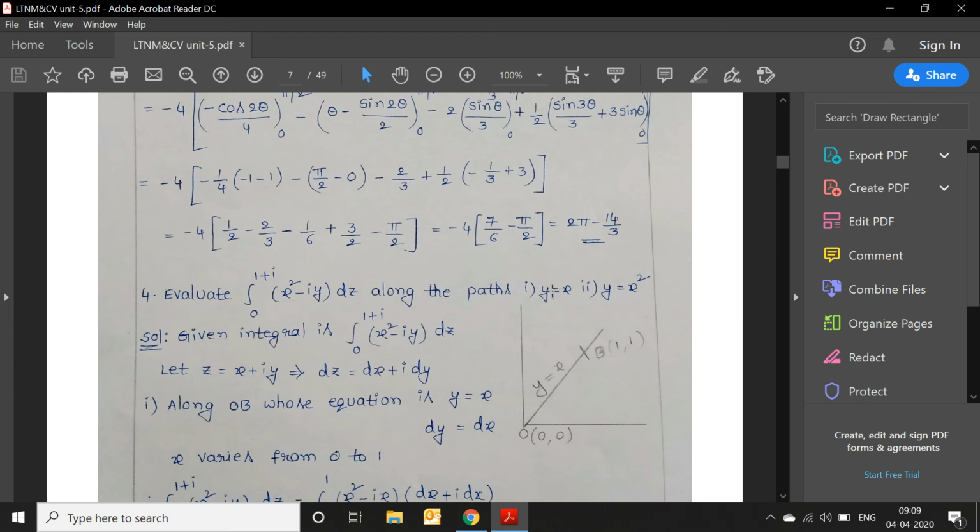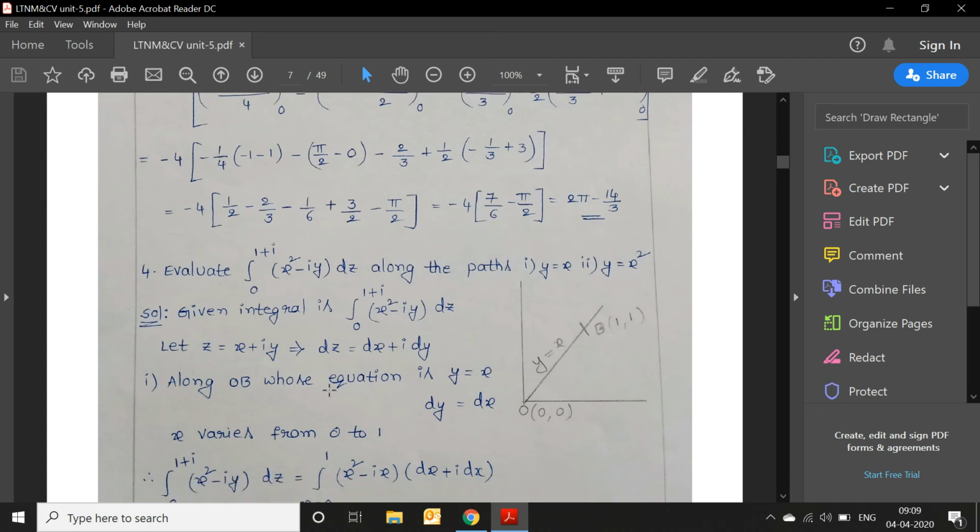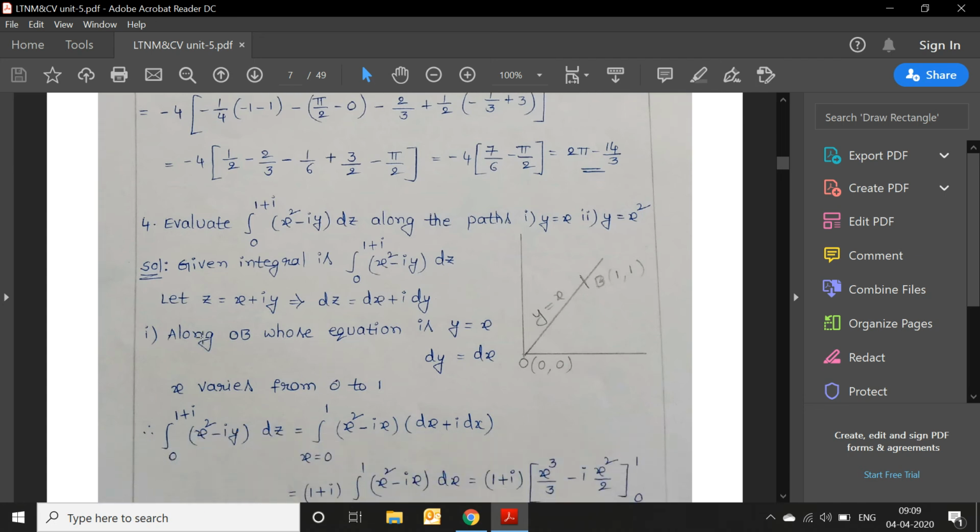If you take the first path, dy is equal to dx, and along the first path we have to identify the points. Lower limit is 0 and upper limit is 1 comma 1, and the path is y is equal to x. So this is called OB.